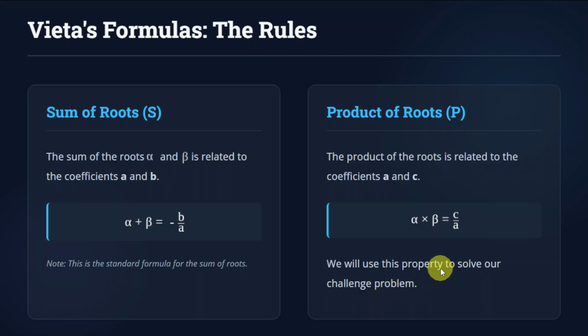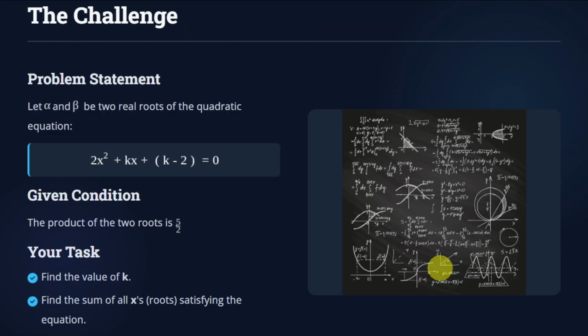This kind of problem usually comes in 12th grade exams, so take your time and try to solve this problem with me. The problem statement says, let alpha and beta be two real roots of the quadratic equation 2x squared plus kx plus k minus 2 is equal to 0.